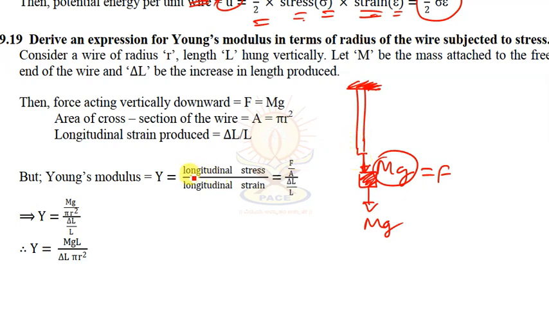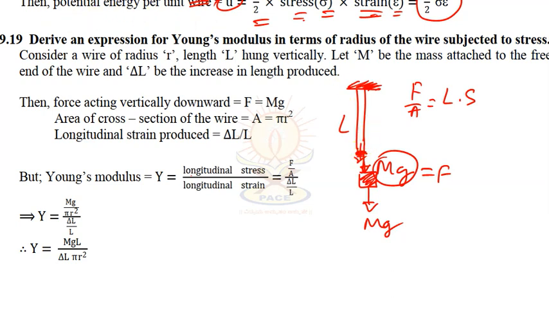How actually do we define stress? Here, since the length is changing, the length will increase when you hang this weight. So the longitudinal stress is F divided by A. This is longitudinal stress. Where is this area? This area is at the bottom. Okay.